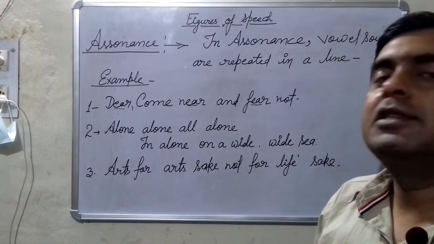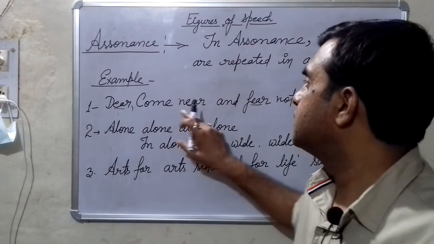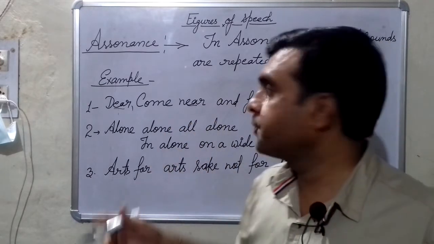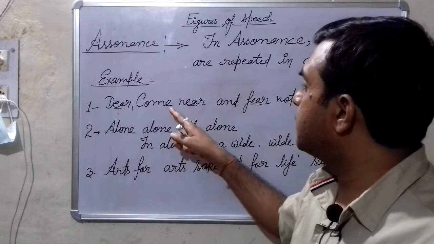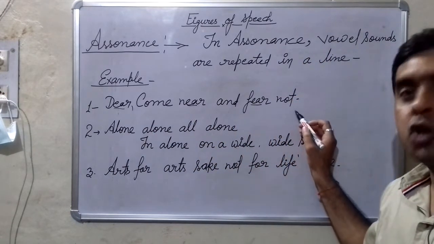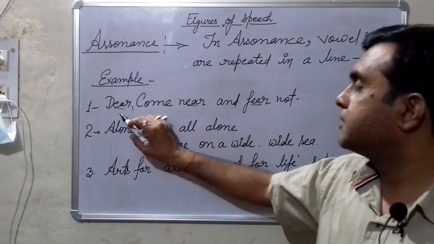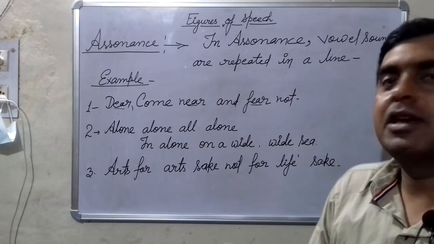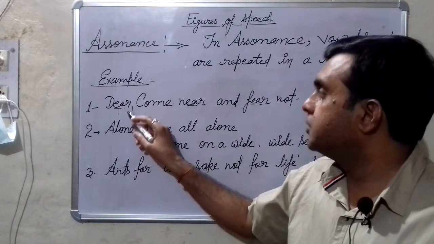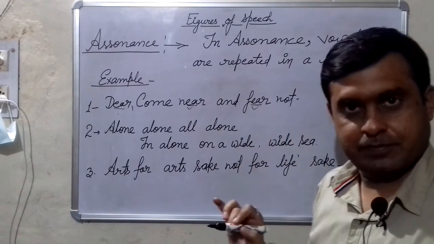After just reading the line, we find the repetition of the E, which is of course a vowel sound. Dear, come near and fear not. So friends, you can find this very easily. It's a very rhyming line. The assonance: dear, come near, fear not.